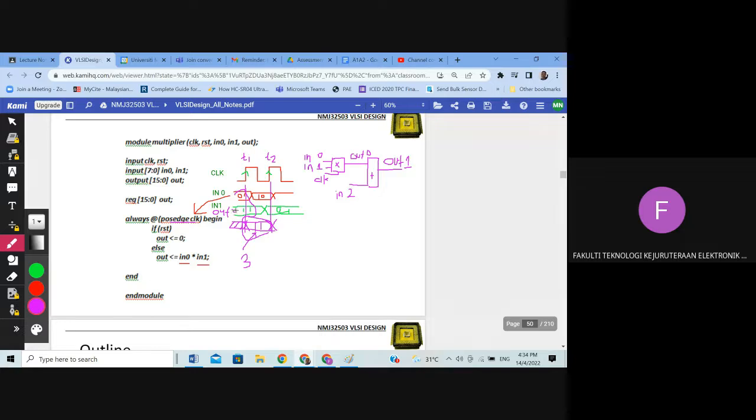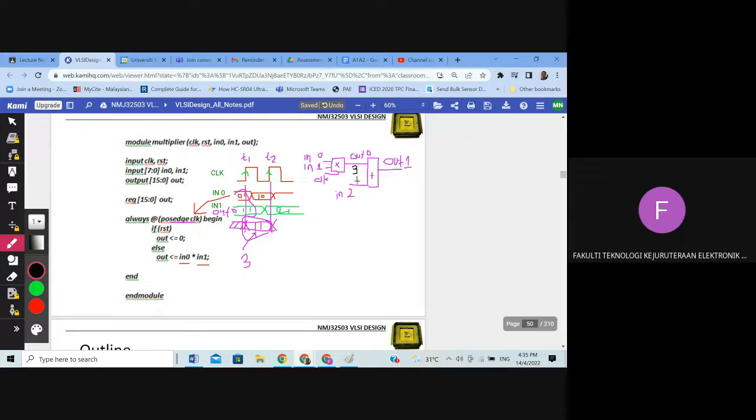The data that you get here, for example the value 3, will become the input to the adder. And then input 2, let's say the value is equal to 1.